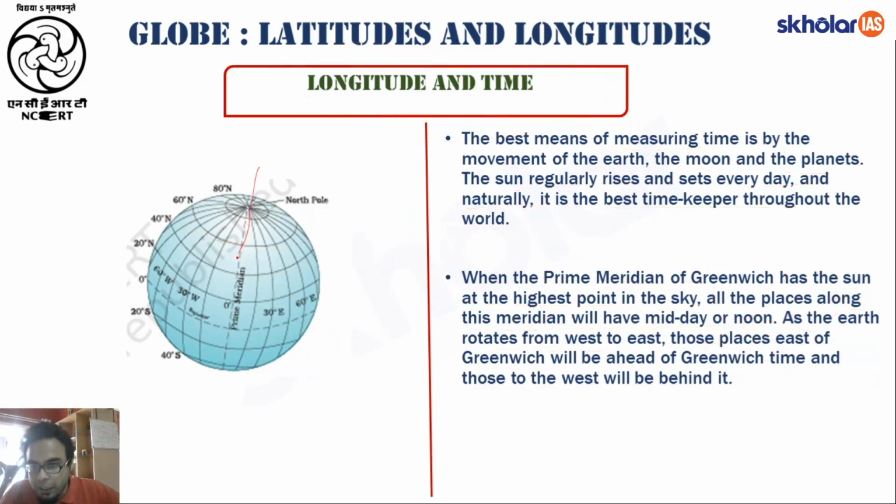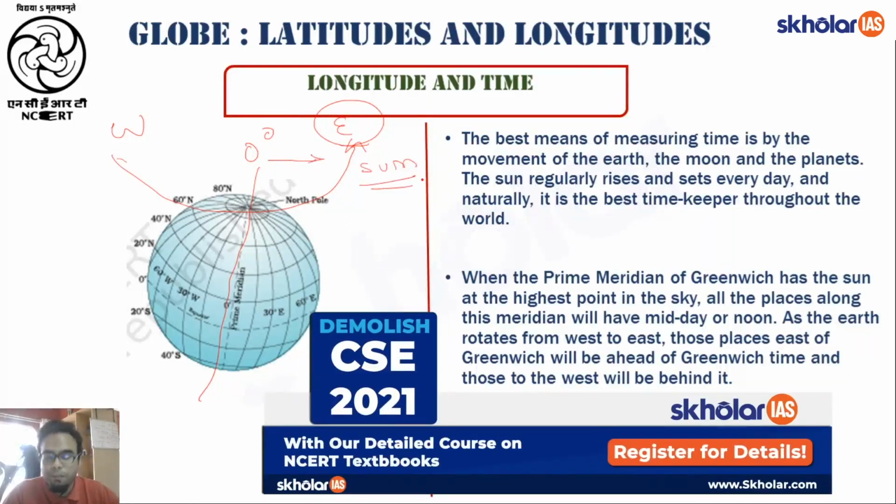Now what is this point saying? Very important. This is the 0 degree longitude, right? The earth is rotating from west to east, right? So the places found to the east of your 0 degree will see sunrise faster or earlier compared to the places found to the west of the prime meridian, right?